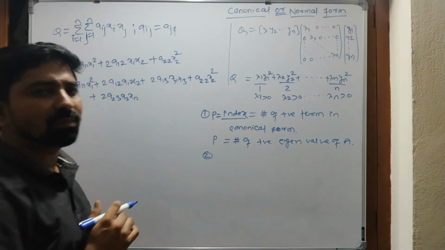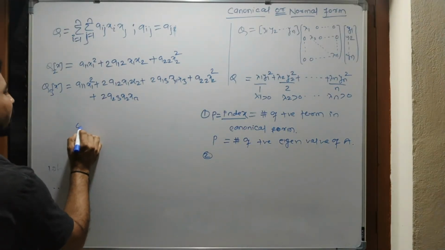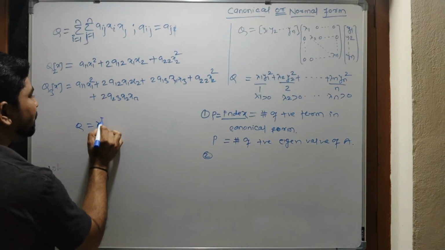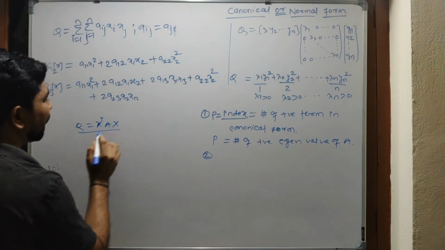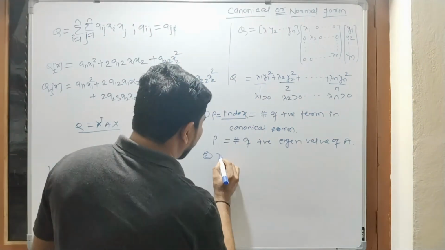Now the second thing: what is meant by rank of the quadratic form? Let's say Q equal to X transpose AX. Here I will define rank.